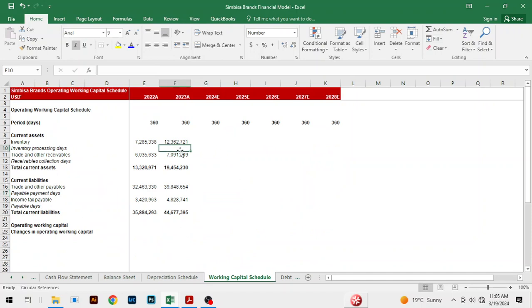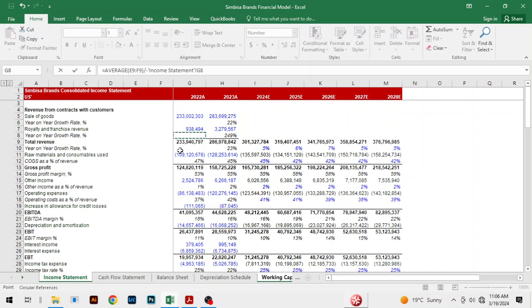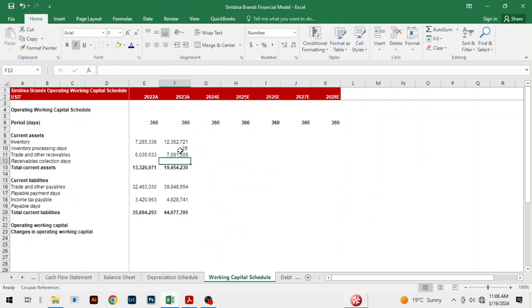So here we want to find out how many days it takes Simbisa to process its inventory. So here we are going to say average of these two, divided by negative cost of sales for 2023 in the income statement. So we find where the cost of sales for 2023 is, then we multiply it by 360 days, just for the sake of rounding.